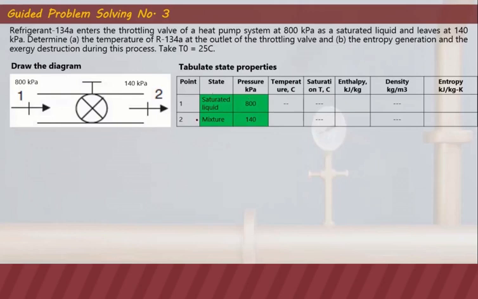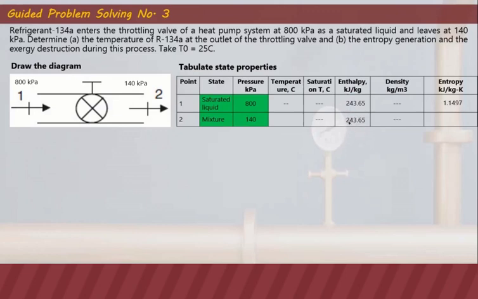And at point 2, since this is an MVCR, then it is a mixture at a pressure of 140 kPa. So we will use these known quantities to get the unknowns. And since this is a throttling valve, then it is an isenthalpic process. So they have the same enthalpy.